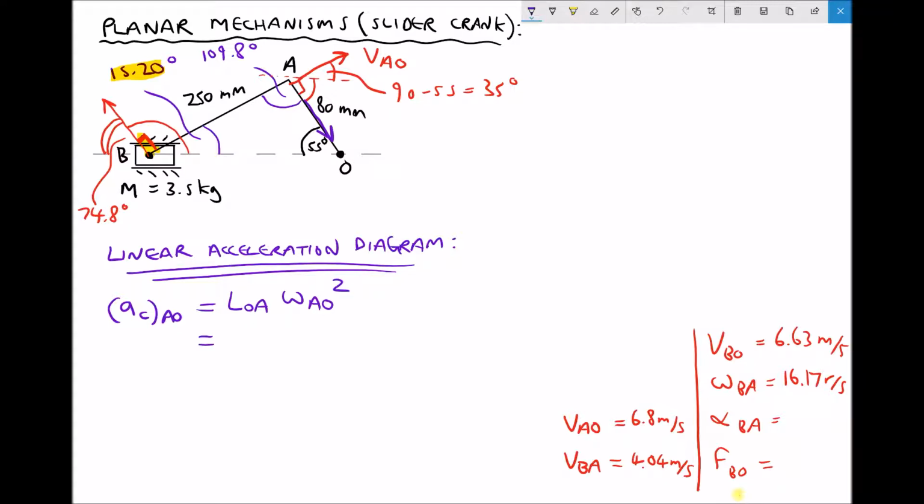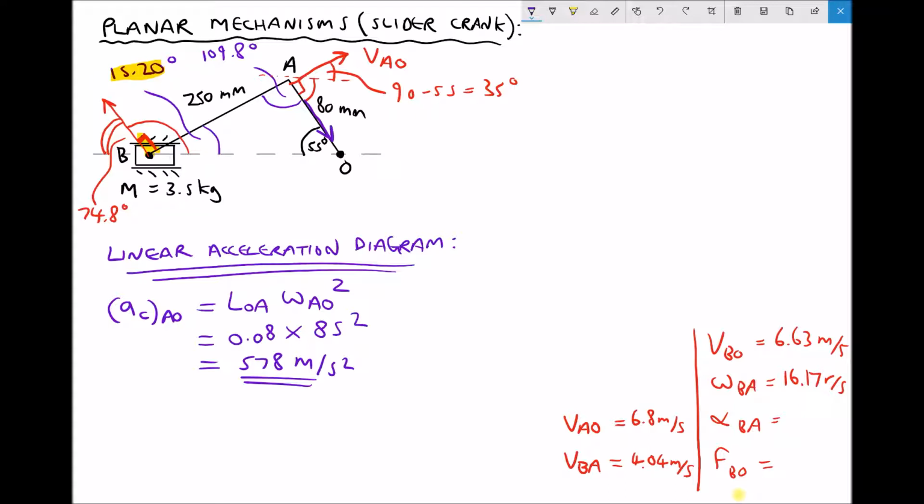So the length of OA expressed in metres is 0.08 metres, and the original angular velocity was 85 radians per second, which is already in SI units. So we have 0.08 times 85 squared, which gives us an acceleration of A relative to O equal to 578, and our units for that are metres per second squared.